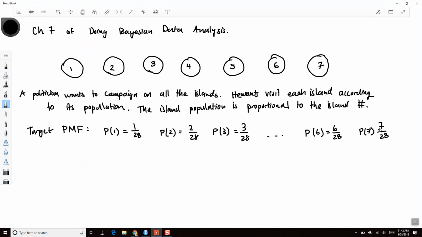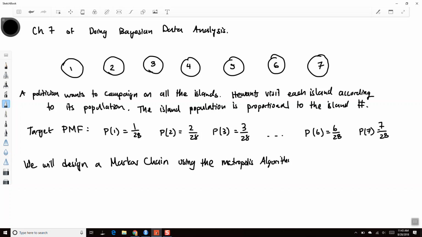Okay, so we will design a Markov chain using the Metropolis algorithm, and if we do that, then the Markov chain stationary distribution will be equal to this target distribution, okay?